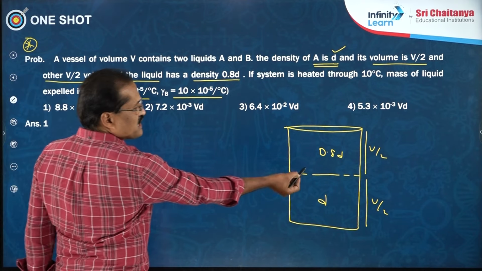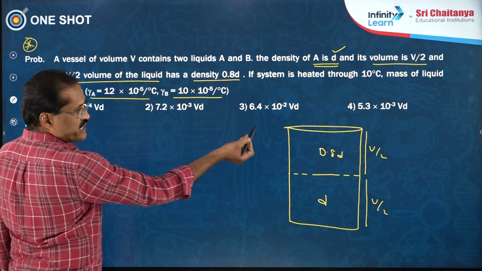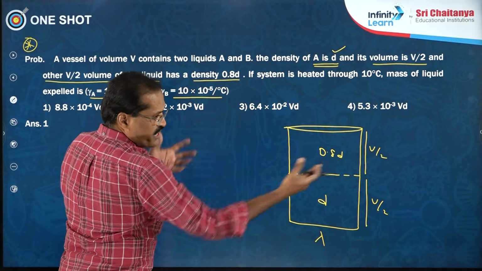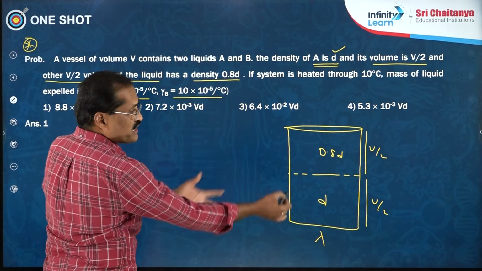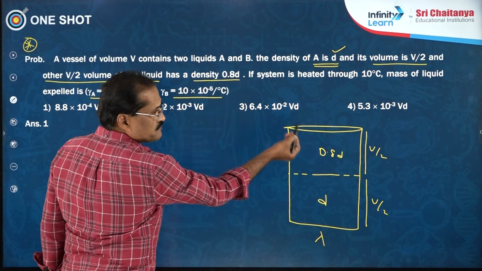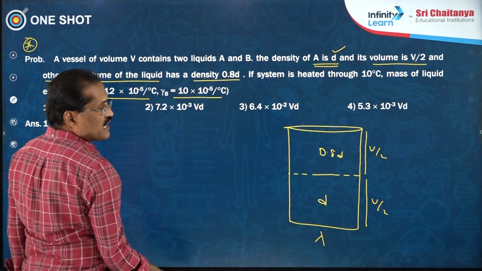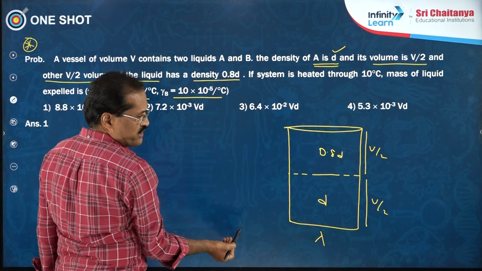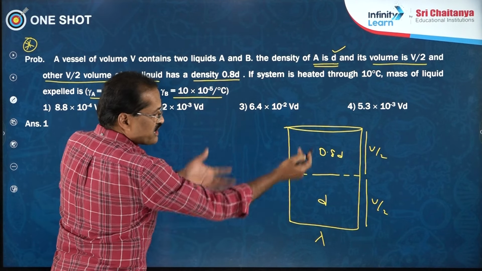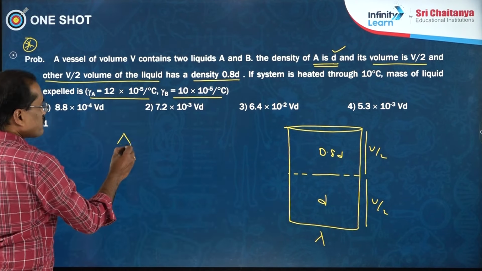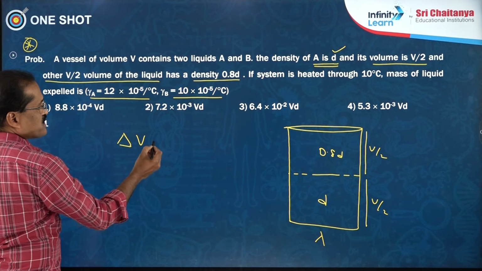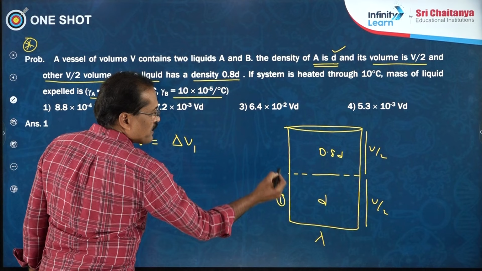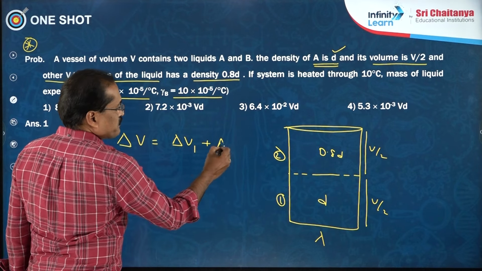Now, please see that whenever you are heating, the liquid starts expanding. In that case, the liquid starts to overflow, and which liquid has more probability to go out? Only the upper liquid. So, how much of the liquid? See, the total volume expansion is equal to the volume expansion of the first liquid plus the volume expansion of the second liquid.